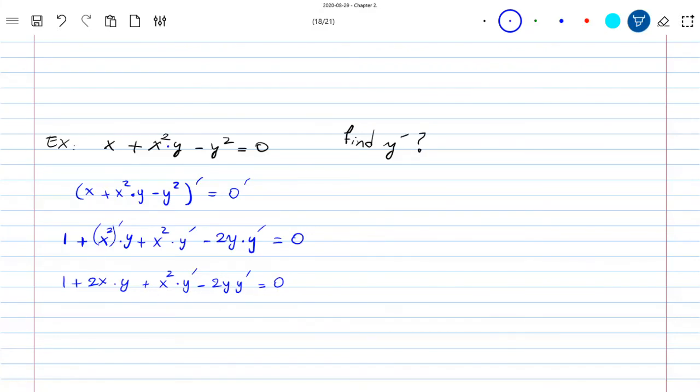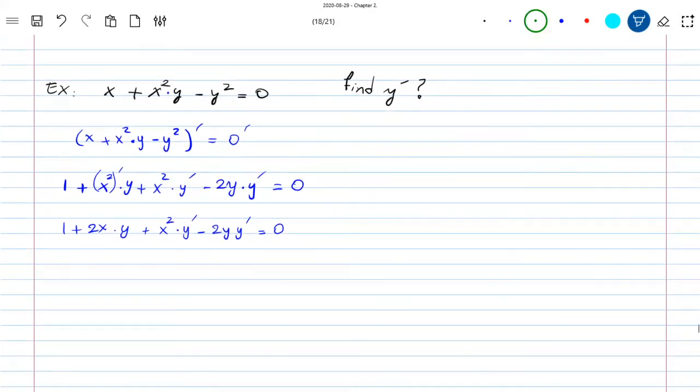Okay, so now the only derivative left is for this y prime, which is what we're looking for. So we try to move the extra terms, the ones that do not contain y prime, to the other side. So we have x squared y prime minus 2y y prime equals -1 minus 2xy. How do I solve for y prime? I factor out the y prime.